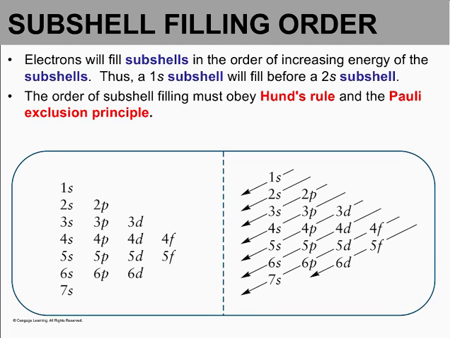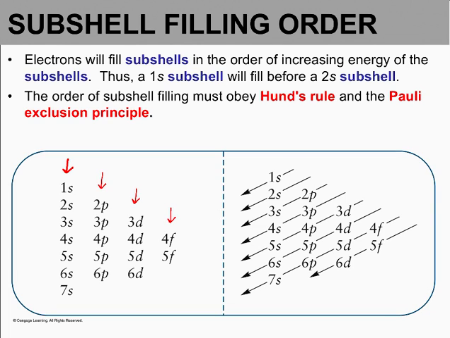So you can write out a chart like the one on the left. We have all of the s orbitals in a column, and we're going to write all the way down to 7s because we have 7 periods. And then in column 2, we have all of our p orbitals, or subshells. In the third column, we have all of the d subshells, and in the fourth column, the f subshells.